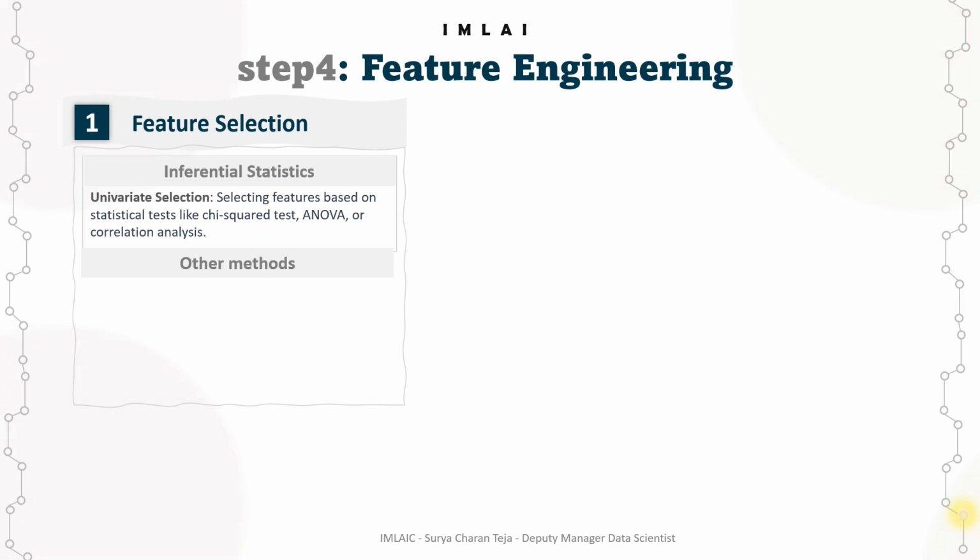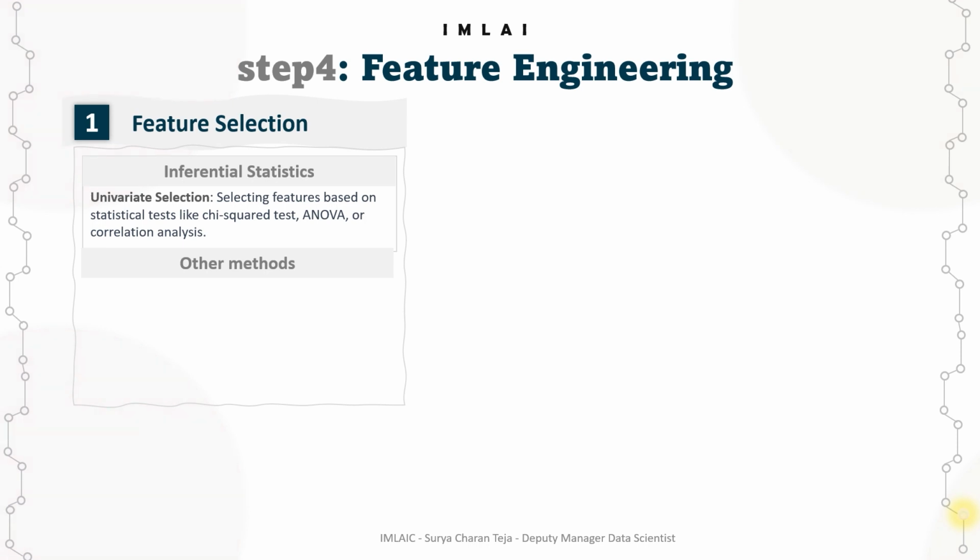I have explained most of these topics there in detail: t distribution, t test, ANOVA, f test, chi-square test, and everything. So with this, the univariate selection technique is used to select a feature.